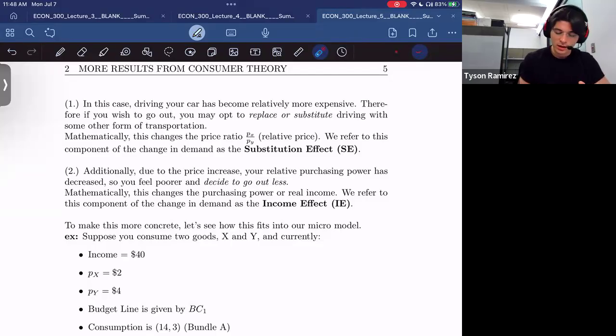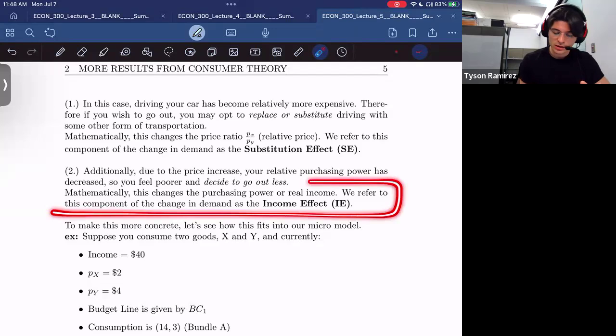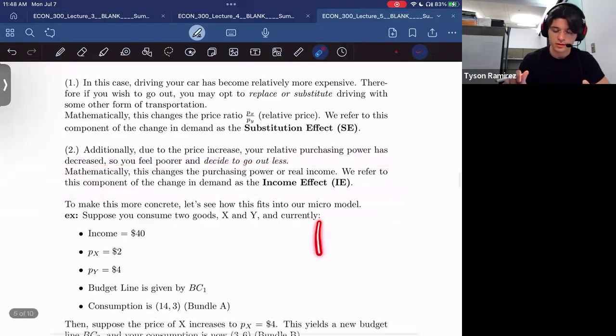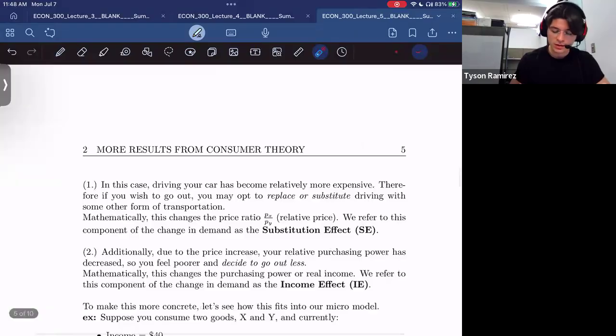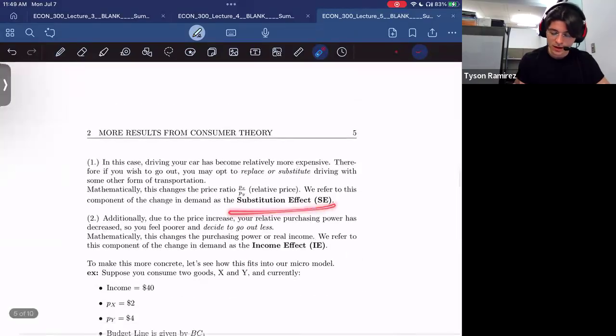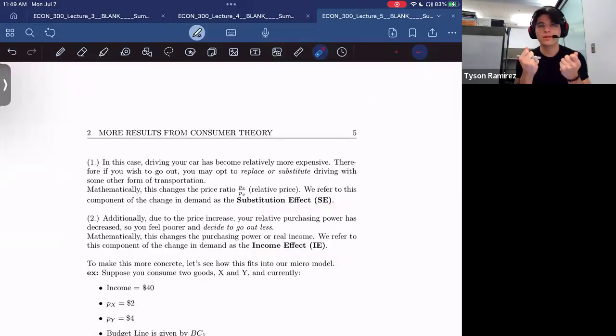So this changes what we refer to as real income, and we call this the income effect. These two things, the substitution effect and the income effect, are the two components, the two pieces that make up the total change in demand.